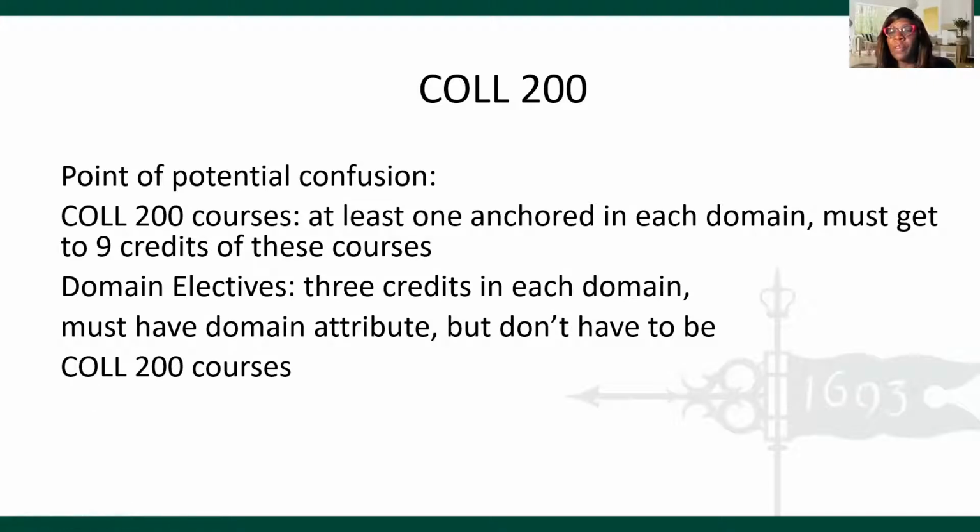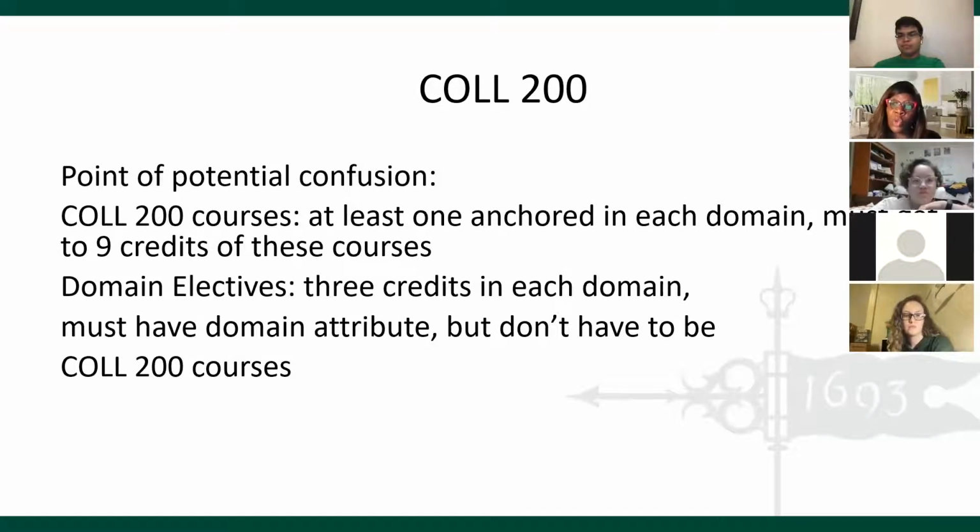Talking about the points of confusion, which I just mentioned. COLL 200 courses, at least one anchored in the domain. Previously, when the COLL curriculum started, students, and you all are probably in this category, had to complete 12 credits of COLL 200 courses, right? And you ended up with a duplicate of one of those.